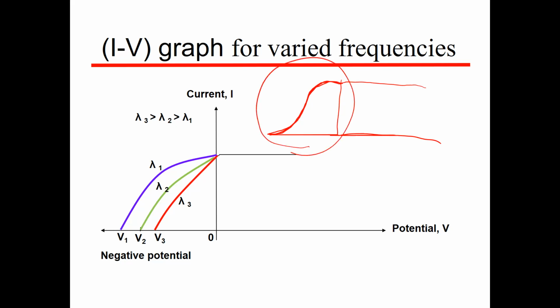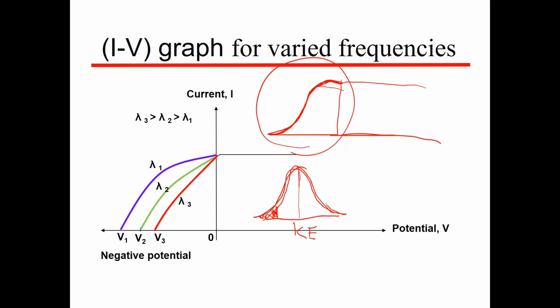It's because of your electrons. Your electrons come out with a range of energies. There's an average K of electrons. Some are very high, some are very low. So when you increase your stopping potential by a little bit, you will cut off a small amount of electrons. Do you agree? So you will have a small drop in the current when you have an increase in potential.